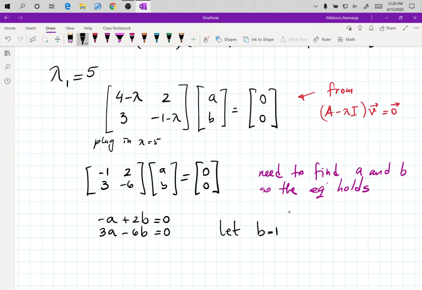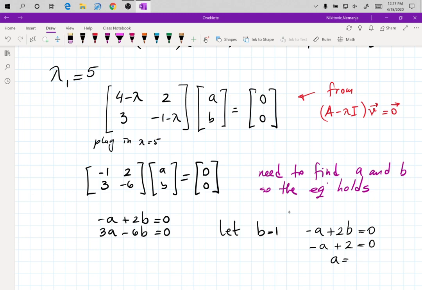So if B is equal to 1, then negative A plus 2B equal to 0 will turn into negative A plus 2 equals 0, and then A equals negative 2.